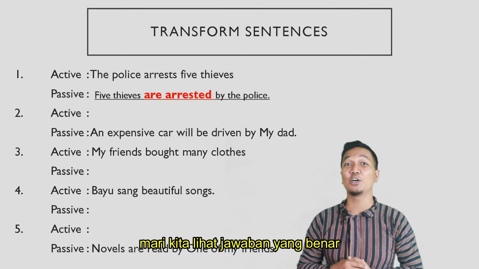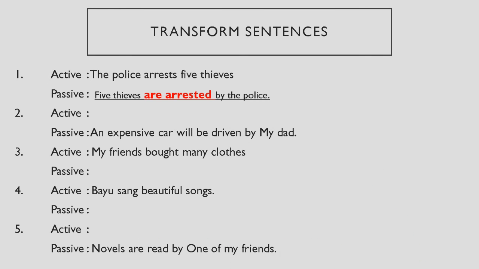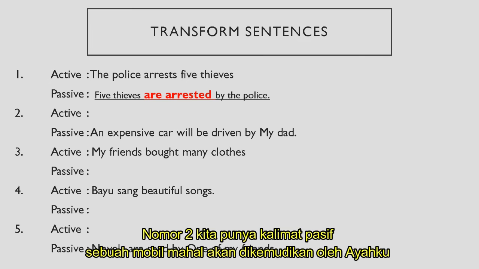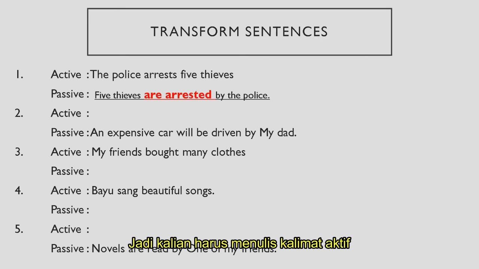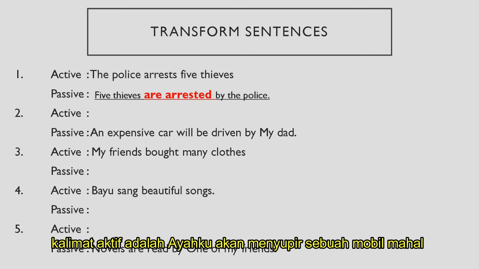Let's see the correct answer. Number 2, we have passive sentence. An expensive car will be driven by my dad. So you have to write the active form, right? The active form is my dad will drive an expensive car.